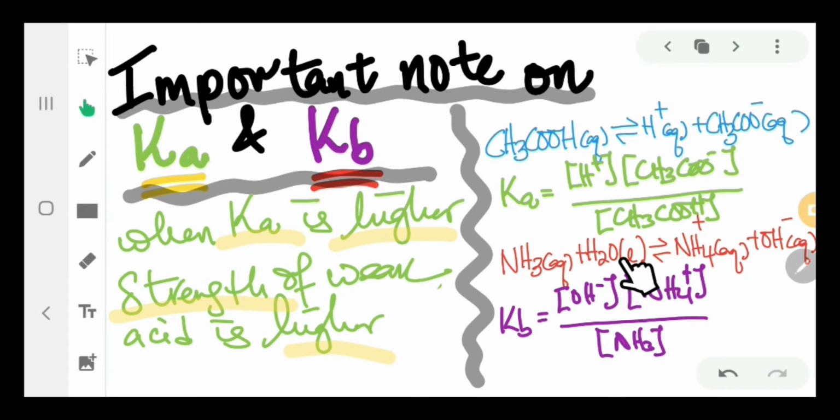Remember, pure liquids and solids will not be part of your dissociation constant K. Same goes for your base. If you have more OH minus being produced, it means your weak base will be stronger. So if you have more of this, your Kb value will be higher. If you have less OH minus, your Kb value will be smaller. So the strength of the weak base will be lower. Okay, so I'm going to write that here.